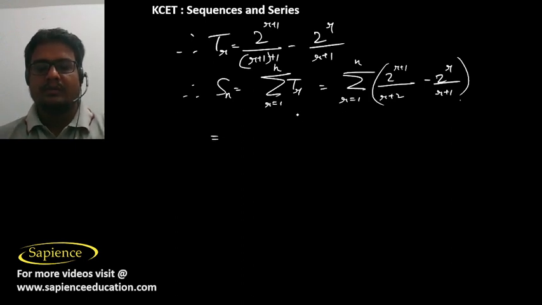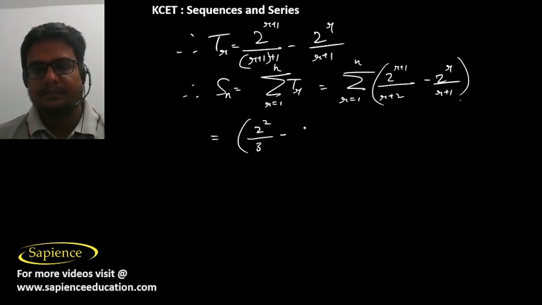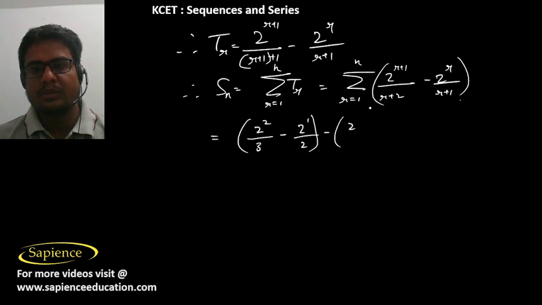So first we can put r equal to 1. So this will be 2 square by 3 minus 1 by 2. If I put r equal to 2, that will be 2 power 3 by 2 plus 2, that is 4, minus 2 square by 3.